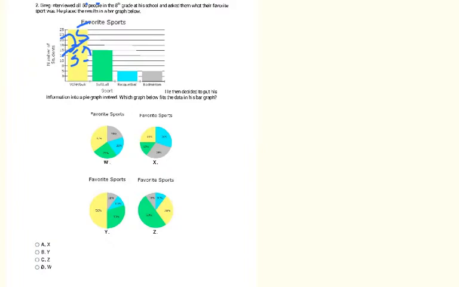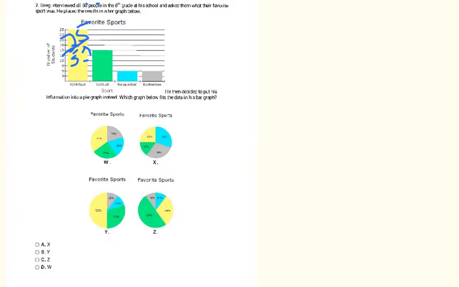That's going to be the same as 50%. And you can even see that volleyball is the largest bar. So that means down here in our circle graphs, we need the yellow, the volleyball, to be the largest amount.